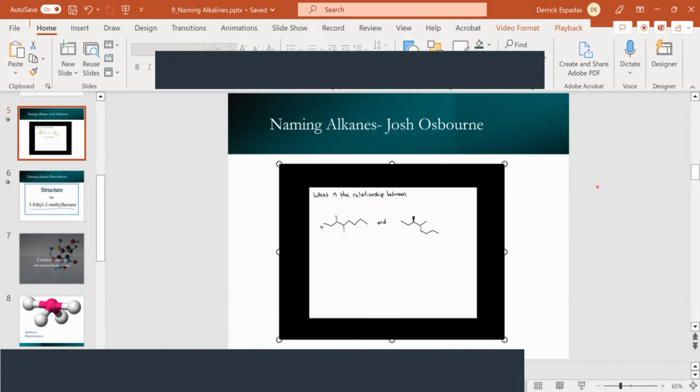First we'll find, as always, our longest continuous carbon chain. In this case, we have this 8 carbon chain. And in this other compound, hopefully you can see that, again, this is our longest chain. Then we number these, starting on the end closest to the first substituent.